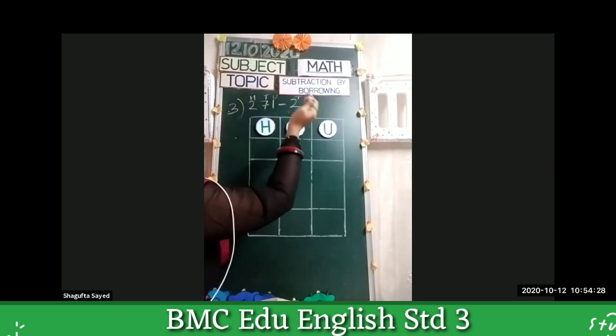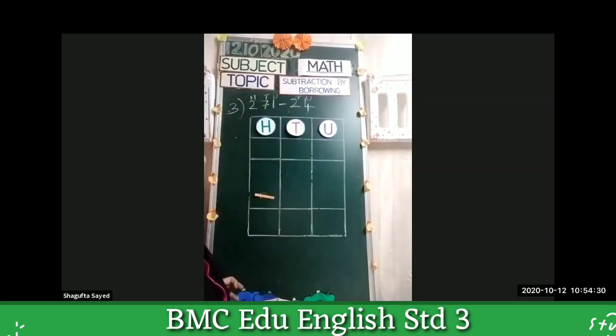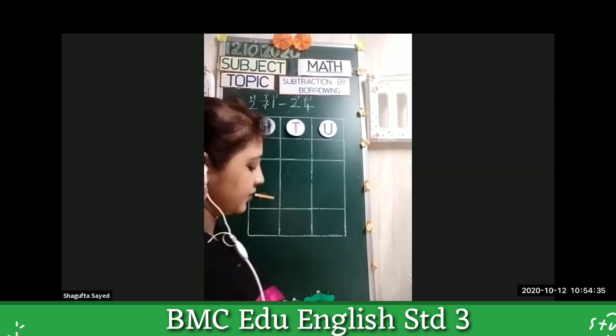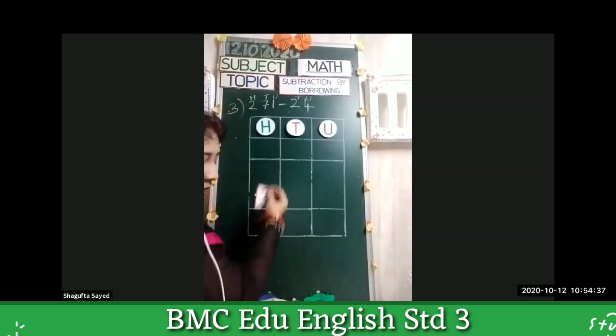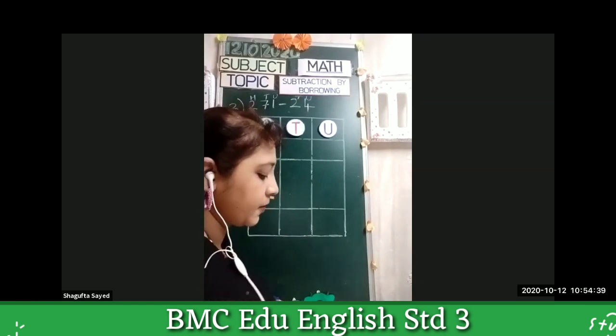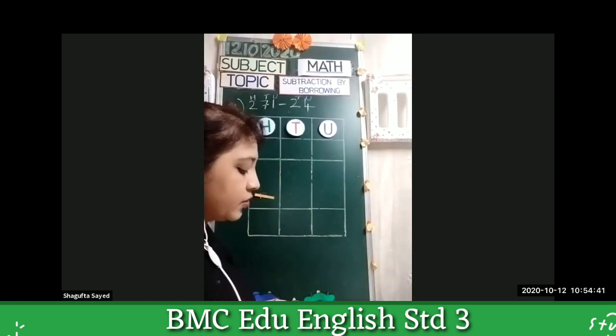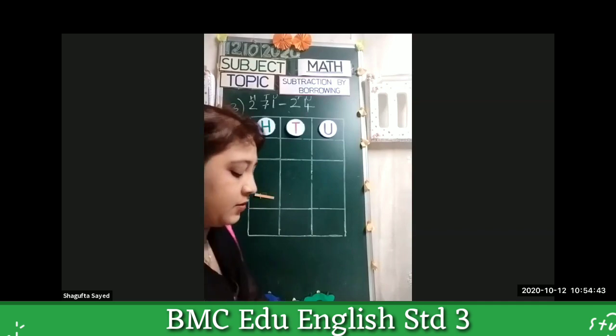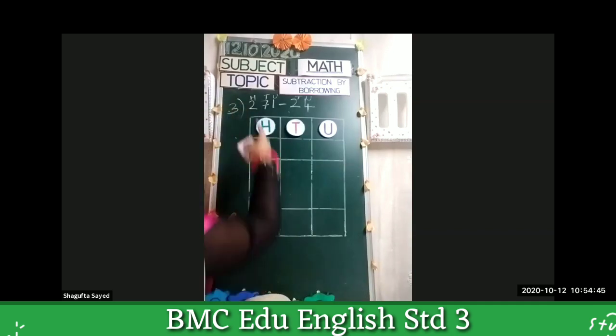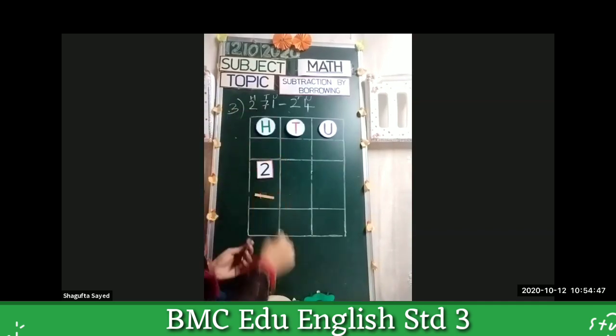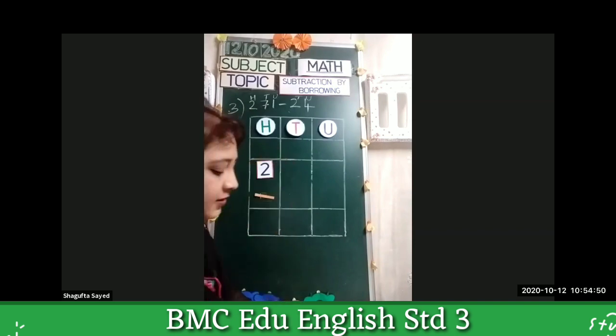From the right hand side, we have to start writing unit. Now, what is this number? Yes, it is number 2. So 2 is at which place? Who will tell me? Yes, 2 is at 100 place. Then what is next?